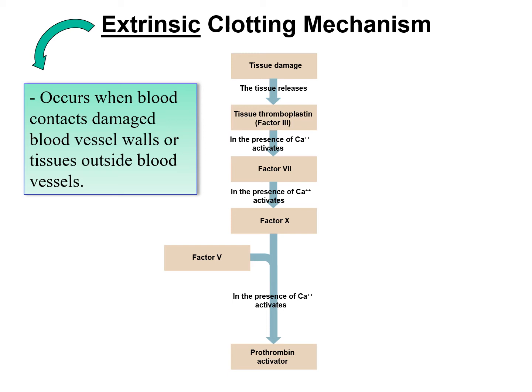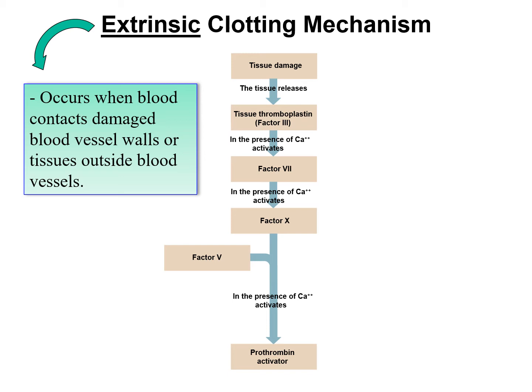You don't need to know the name of that particular chemical, but notice that it is formed in response to the damage done to the tissue, and in the presence of calcium activates another clotting factor in the bloodstream called clotting factor 7, and in the presence of calcium activates clotting factor 10, which in the presence of clotting factor 5 and more calcium activates what's called prothrombin activator.